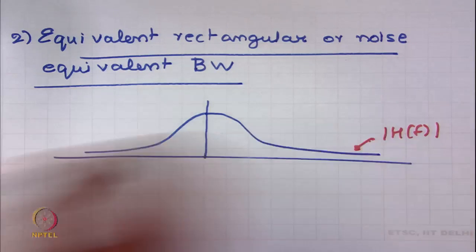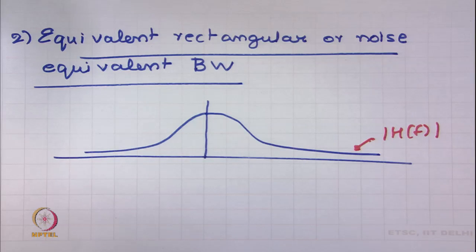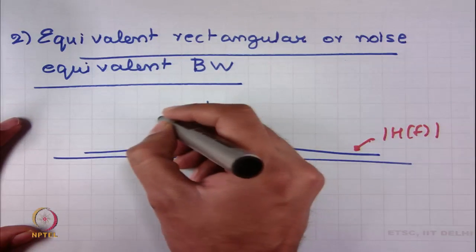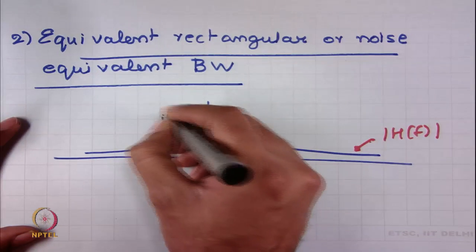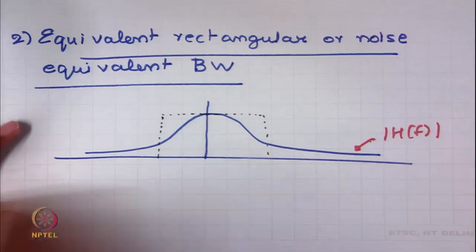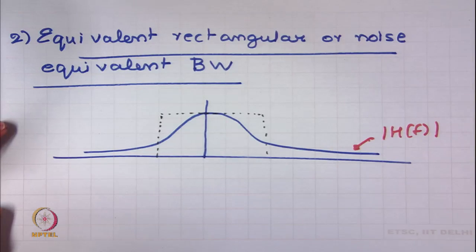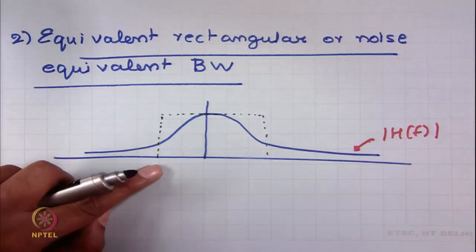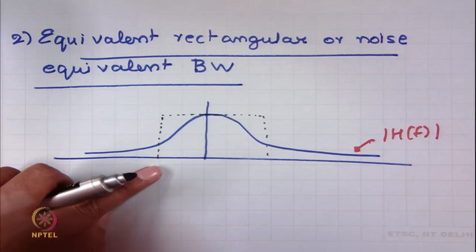I can find the equivalent bandwidth of the system by thinking about putting a rectangular cap around this mod of HF, where this rectangular cap is centered around the peak value of this mod of HF. So, this is the peak value.